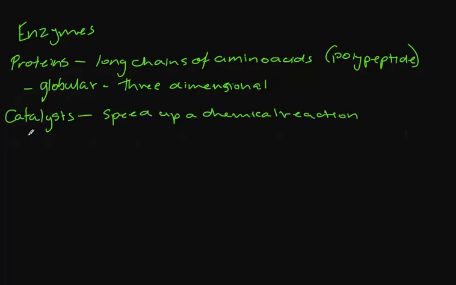And they also function very, very well at low temperatures. Now this is important because our skin and our tissues don't react well to high temperatures. So we can have a catalyst which speeds up a chemical reaction at lower temperatures and enables metabolism to take place.